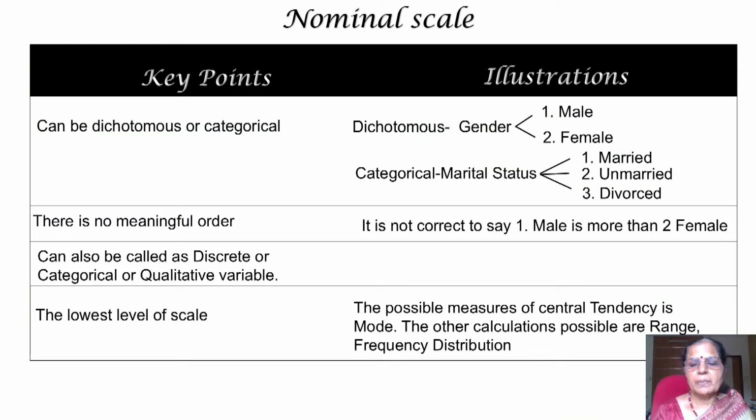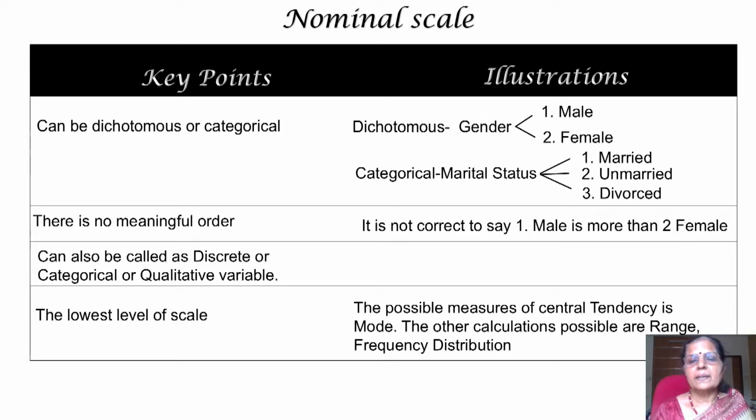The level of measurement of the variable depends on the nature of variables and also the way in which the researchers collect the data. For example, the variable marital status or gender can be measured only in nominal scale because they can take up the values like married, unmarried, or divorced for the variable marital status and male or female for the variable gender.